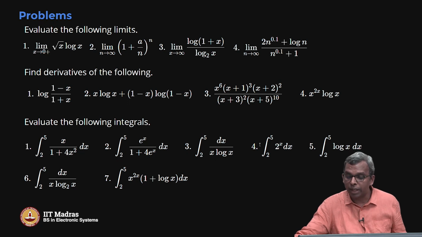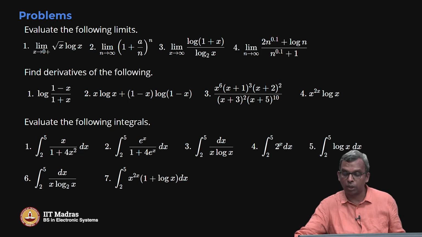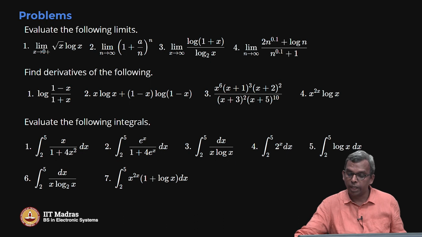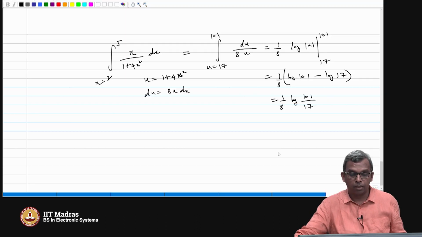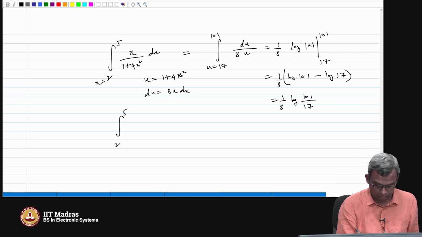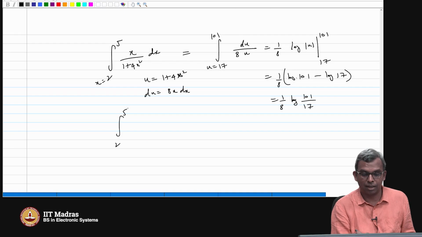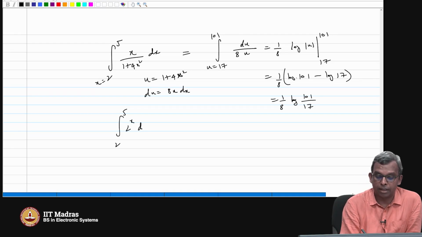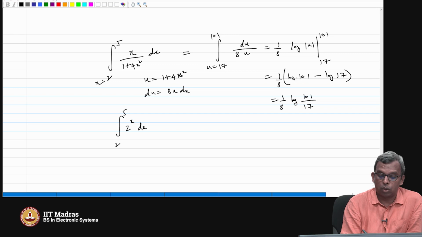So, what do you do with 2 power x? Maybe I should comment on that. How do I tackle 2 power x? Okay. So, 2 power x is integral 2 to 5, 2 power x dx. Okay. So, the idea here, you should always convert a 2 power to e power something. Okay.